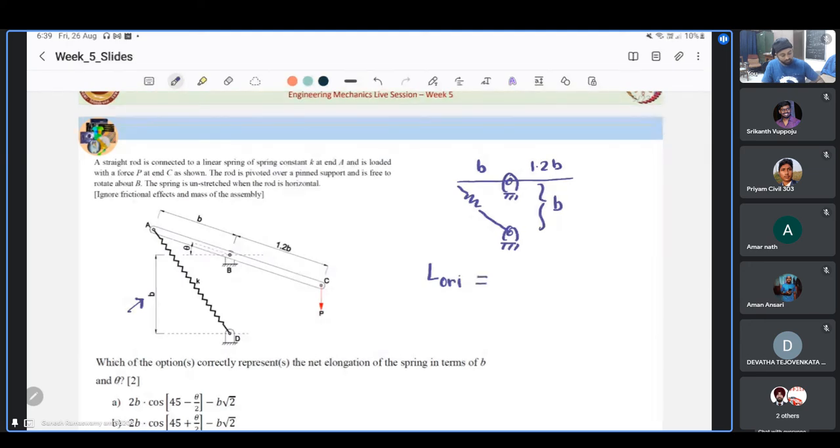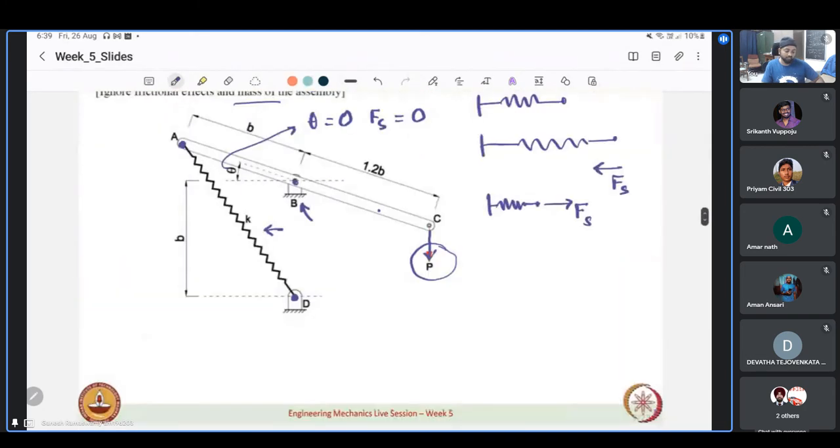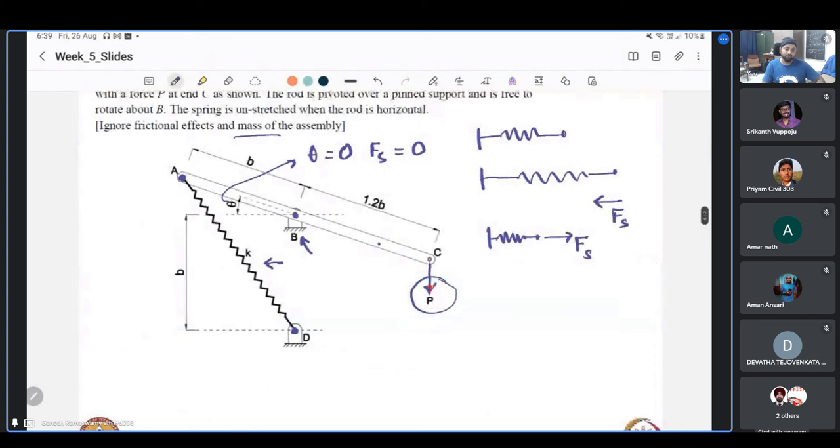is, from geometry we can see that this is 90 degrees. This is B. This is also B. So it is nothing but B root 2. This is the original length of the spring. Now the elongated length of the spring is something we need to calculate. Why? Because the elongated length minus the original length will give the net elongation in the spring.